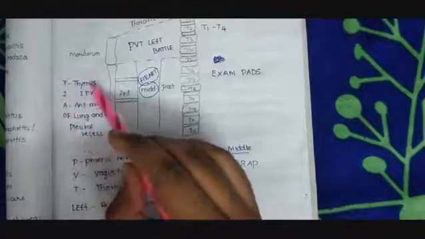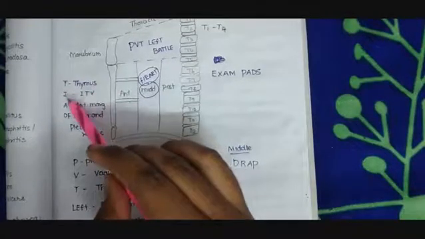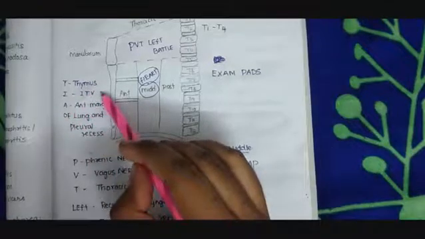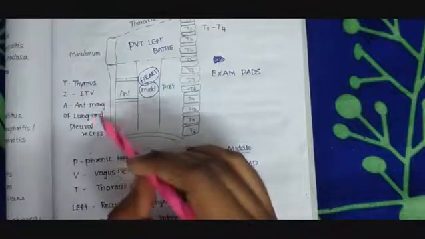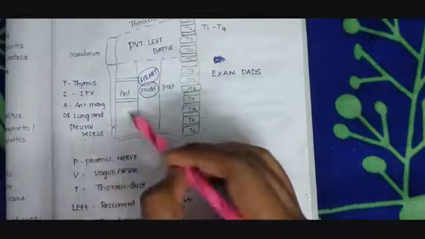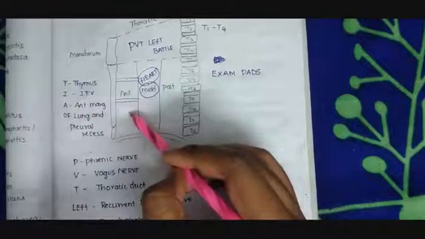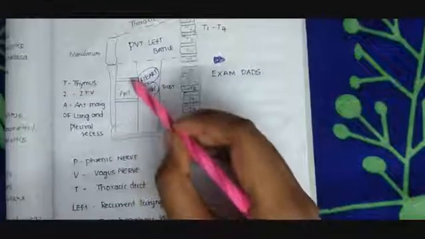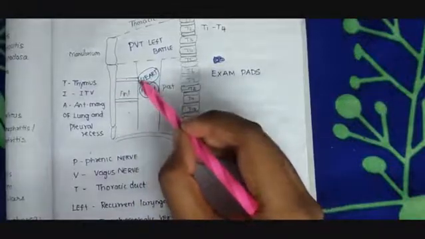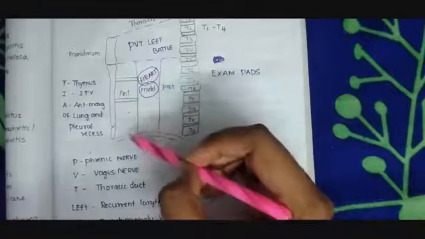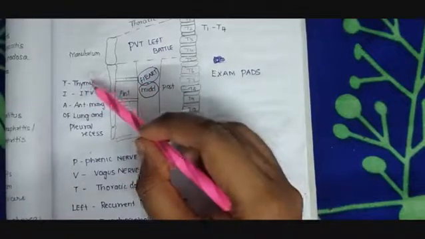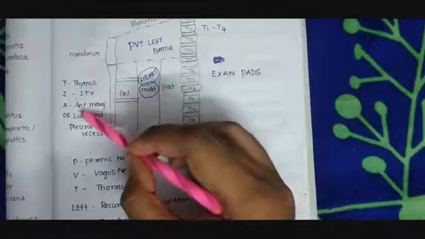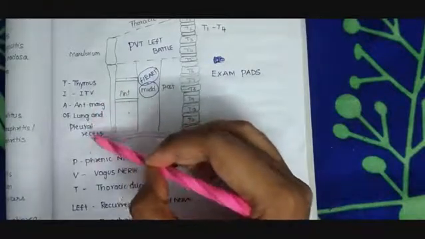T stands for thymus, I stands for internal thoracic vessels, A stands for the anterior margin of the lung and pleural recess. So there are totally 5 contents of the anterior inferior mediastinum. The first one is superior and inferior sternopericardial ligament, sternal and diaphragmatic lymph node, and the remaining 3 are nothing but thymus, internal thoracic vessels, anterior margin of the lung, and pleural recess.